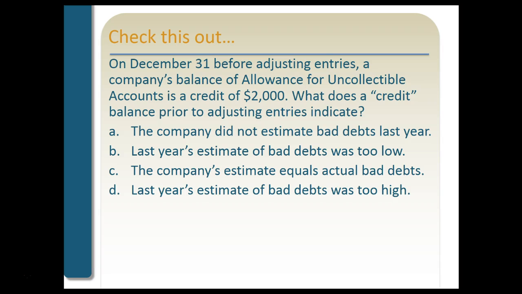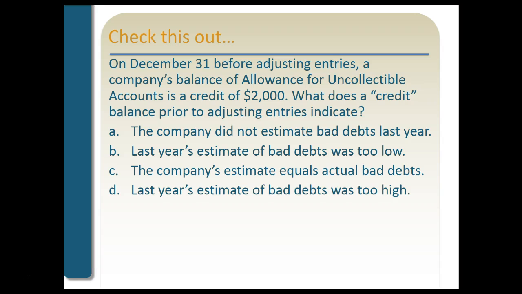Let's check out another question for you. On December 31st, before adjusting entries, a company's balance of allowance for uncollectible accounts is a credit of $2,000. What does a credit balance prior to adjusting entries indicate?